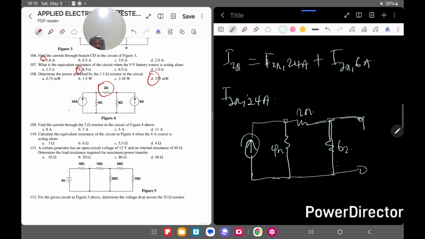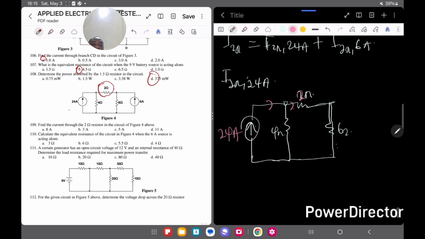So you can even erase this part to make it clear for you to see. We now have my current source, which is 24 amps. I'll now find the current passing through this 2 ohms resistor, and I can just use the current division rule.